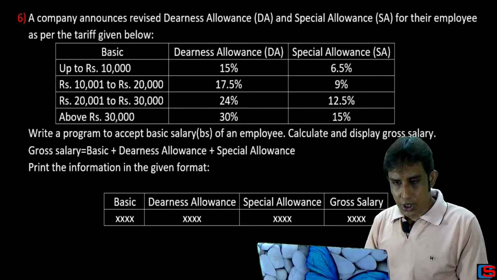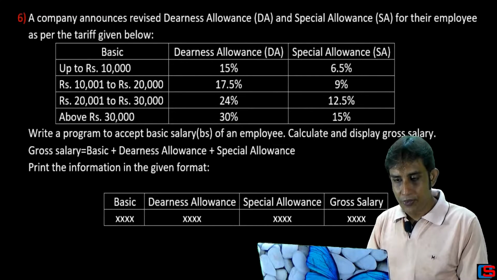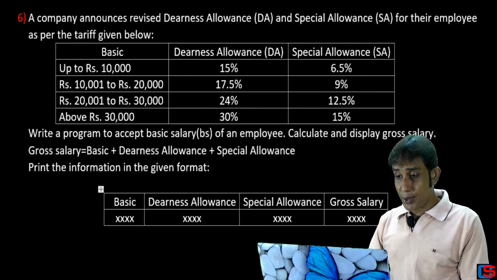Now come to the next question. A company announces revised dearness allowance and special allowance for their employees as per the tariff given below. Up to rupees 10,000 basic, the dearness allowance is 15% and special allowance is 6.5%. From rupees 10,001 to rupees 20,000, it is 17.5% and 9% special allowance.